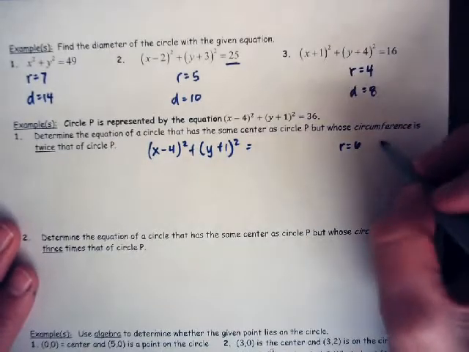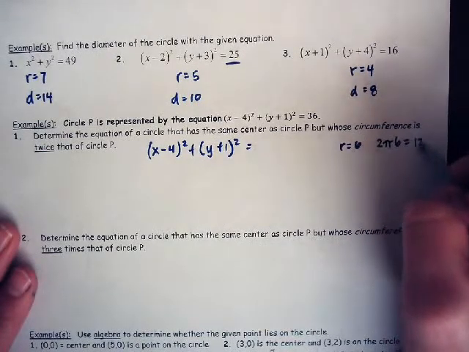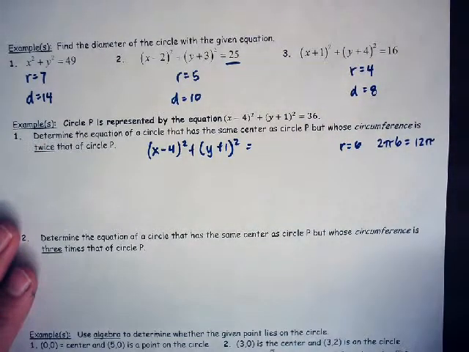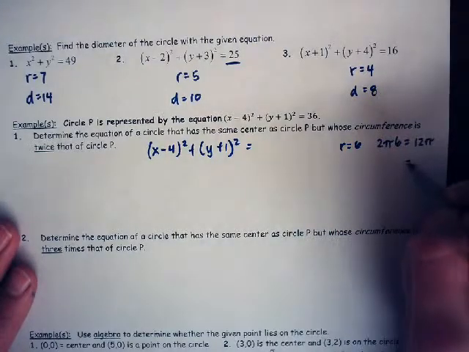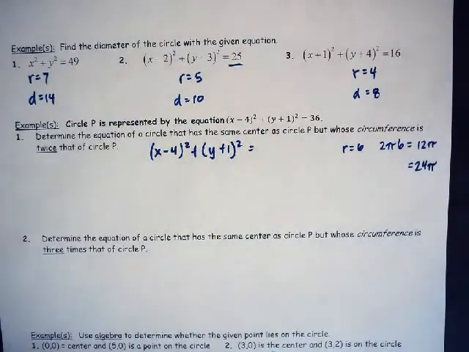So if I were to find the circumference of that, I would have 2 pi times 6, or 12 pi, if I leave it in terms of pi. So if I need to find a circumference that's double that, it's going to have to be 24 pi.